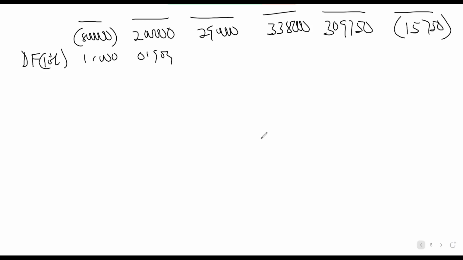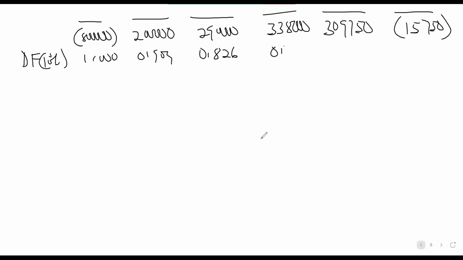Please, can you give me the discount factors? From year 2, 0.826. Year 3, 0.751.